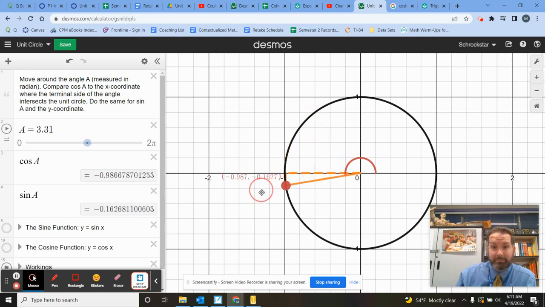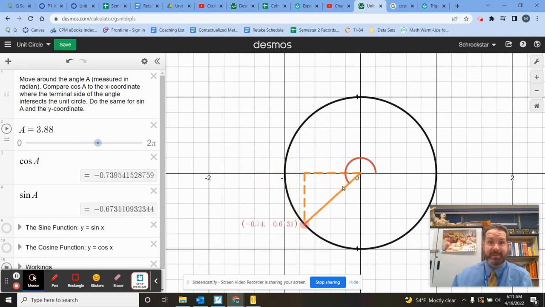If we keep going, now I've got an angle that's even bigger than 180 degrees, bigger than pi radians. Now, because I'm in quadrant 3, at the left, the cosine is a negative number. But because we're down below the x-axis, the sine is also a negative number.